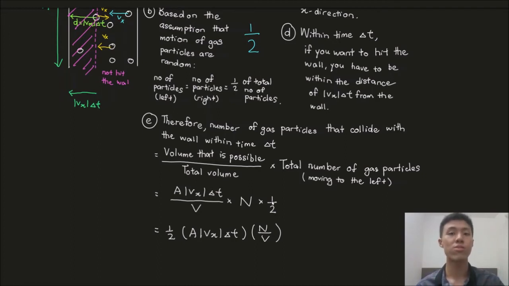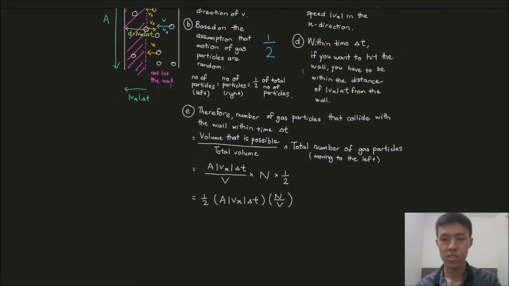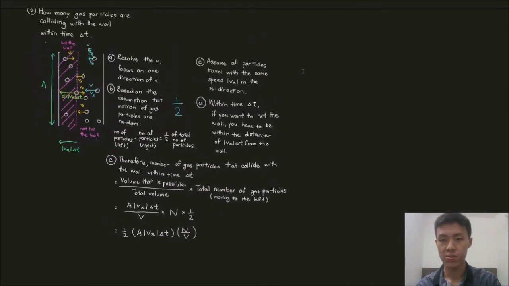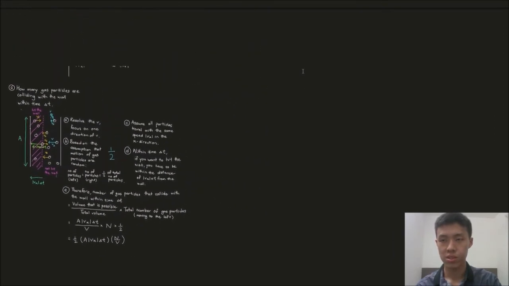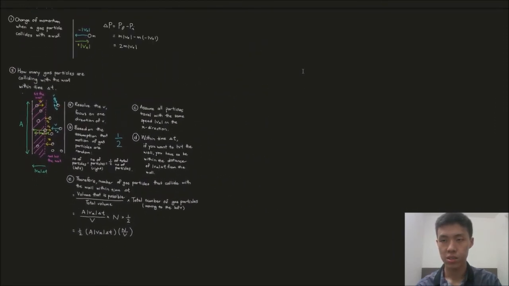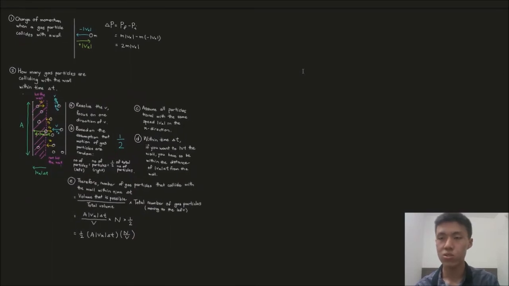So let's move on to the next section where we discuss how to merge this with the change of momentum that we found much earlier. Let me zoom things out a little bit. We have found two things right now.